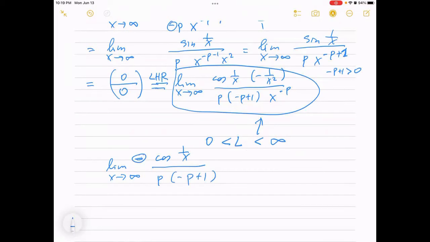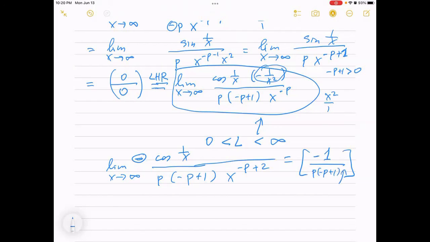Then instead of multiplying 1 over x squared on top, I'm going to multiply by its reciprocal on the bottom, so we get x to the negative p plus 2. We want that to be a finite number. Substituting infinity for x, we get 1 on top, minus 1, over p times negative p plus 1.